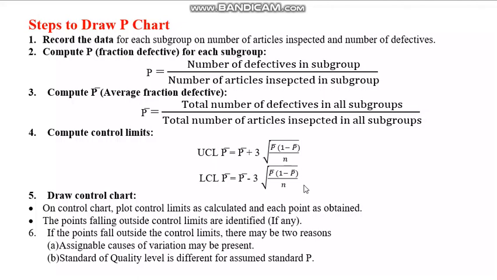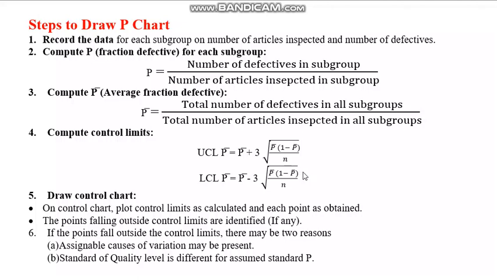You need not worry about where these things have come from. We just use the formula because we don't have so much time, and our subject doesn't deal with so much mathematics to derive and investigate these formulae.